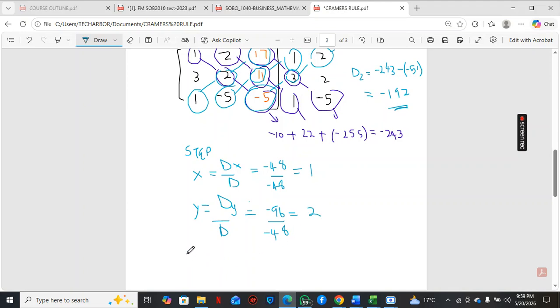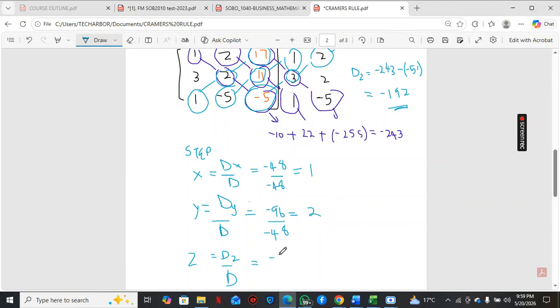Okay. Then z. Okay, z is dz divided by d, overall determinant.